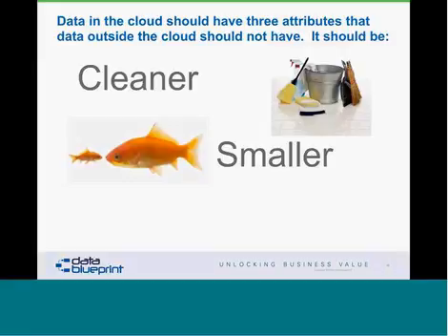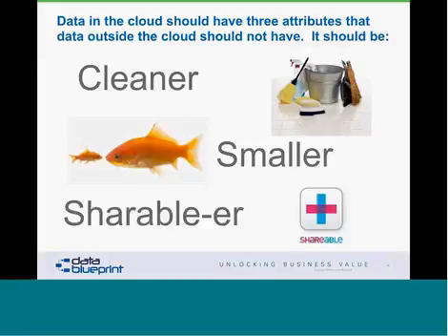Now this immediately sounds like it's contradictory to the big data push, but hear me out on this. If we have data that is properly engineered, then our data should also be more shareable, and that more shareable should be smaller.